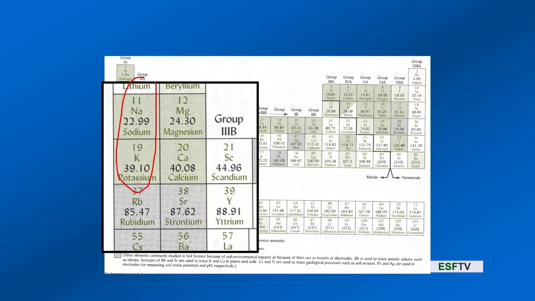And so calcium was 40. Potassium's 39. And there's calcium, so I'm looking at this with my pointer. It's tough to see it on the screen. There it is. There's calcium.